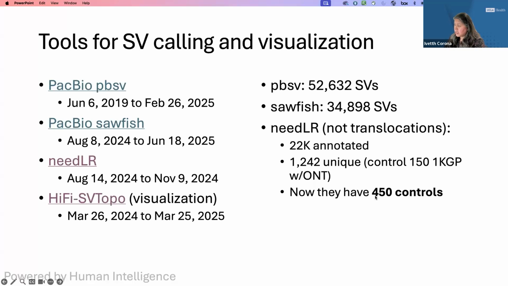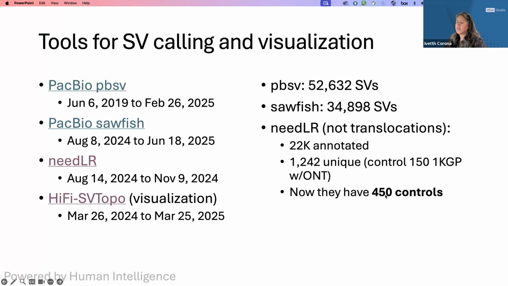Now, I just checked, and they have 450 controls. So that is going to help tremendously. And even though they use ONT and we're using PacBio, it is also long read, so they're also going to identify structural variants that were not identified with short read.